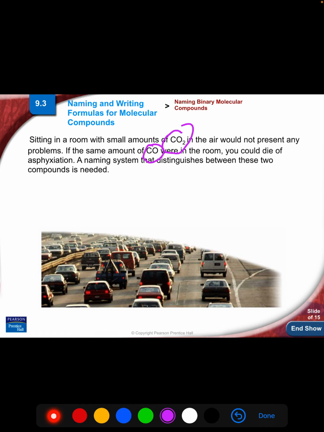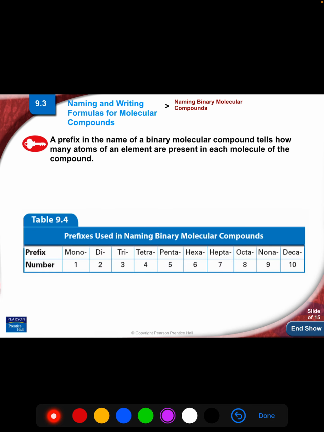And let's look at those Greek roots. These are Greek prefixes, Greek roots for the numbers: mono, di, tri, tetra, penta, hexa, hepta, octa, nona, and deca. And you have met many of these before.